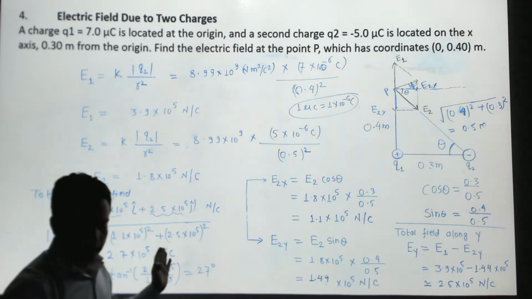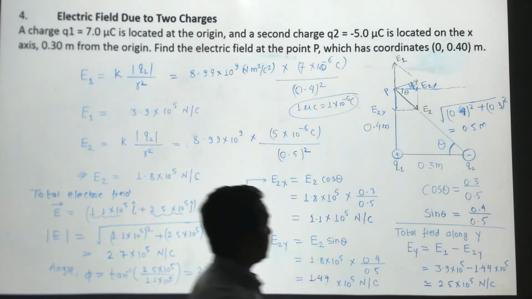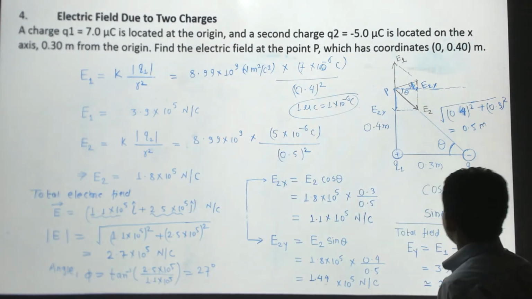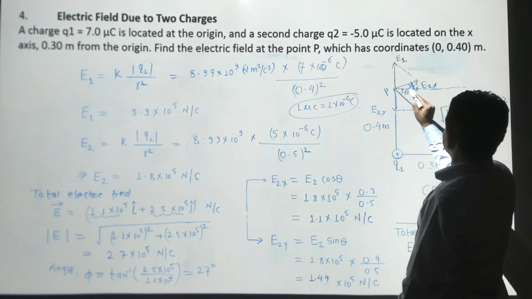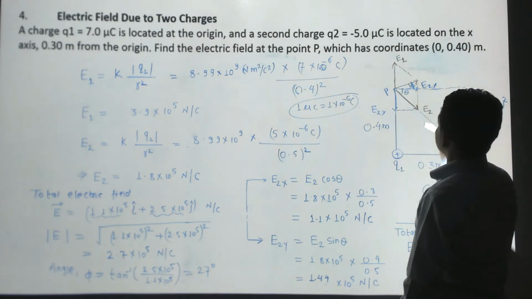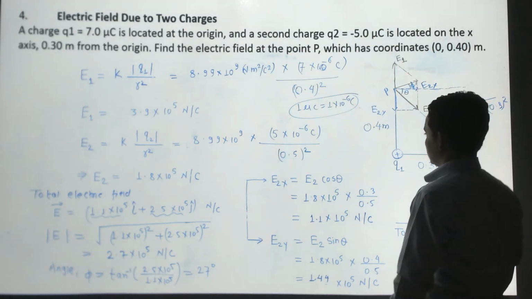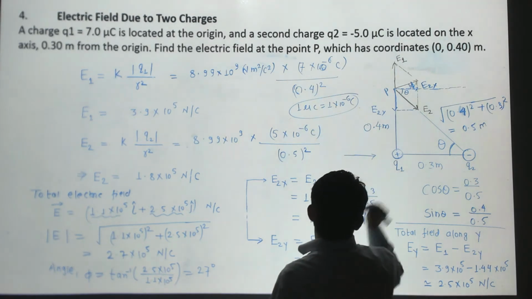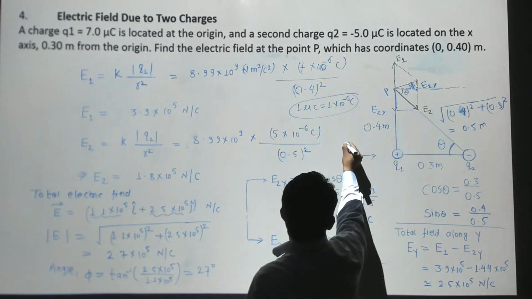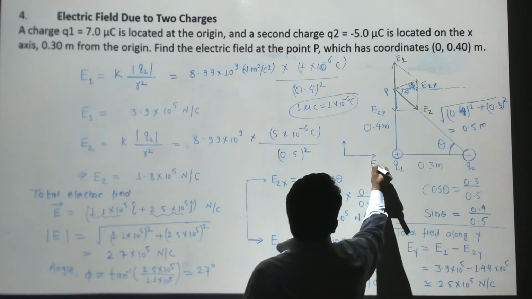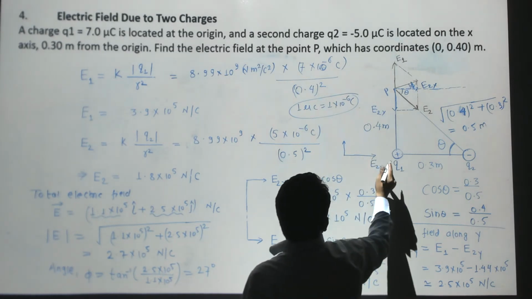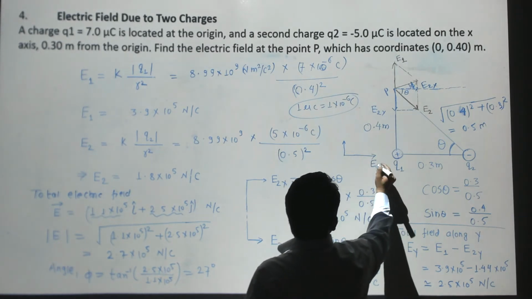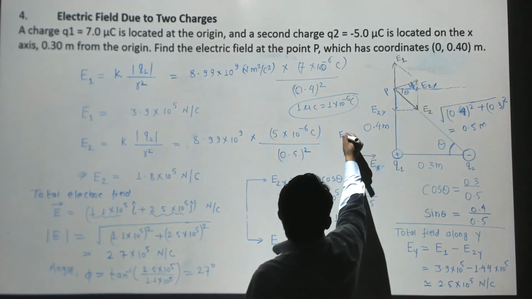So what does this angle mean here? We have the two components. One is E2x, and the total electric field, let me draw here. So we have the vectors here, E2x, and we have the net E, this is EX, and this is EY.